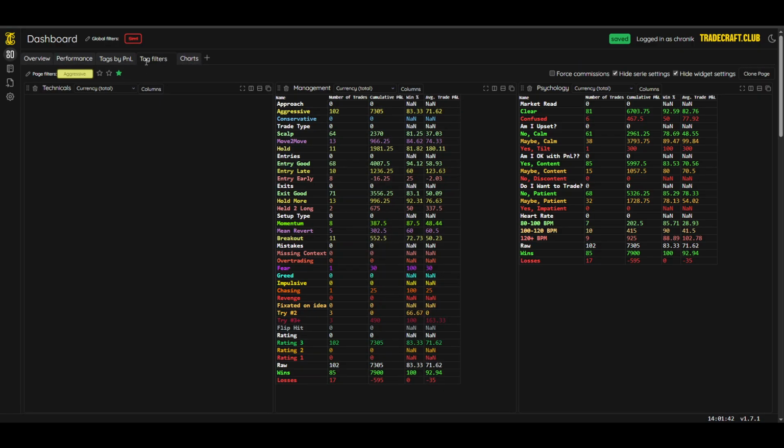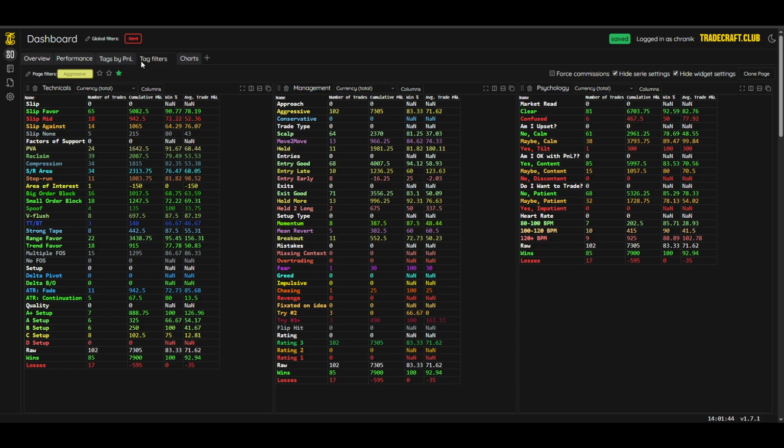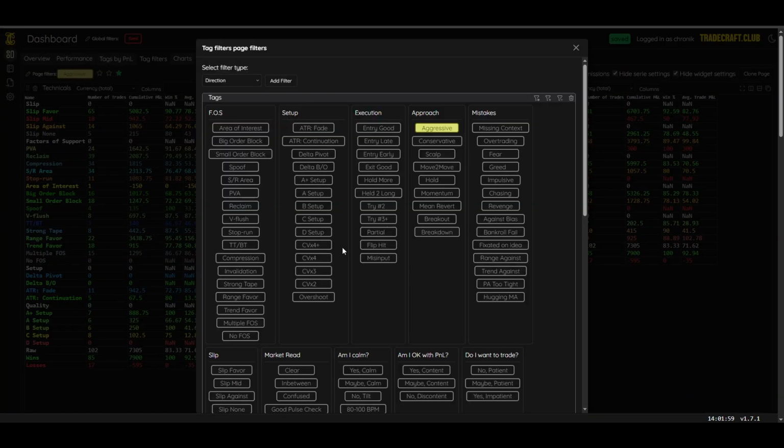$3,700's a bit of a big loss too. It's abnormally large of a loss. That is an outlier. Impulsive, confused. So there are tags in there.